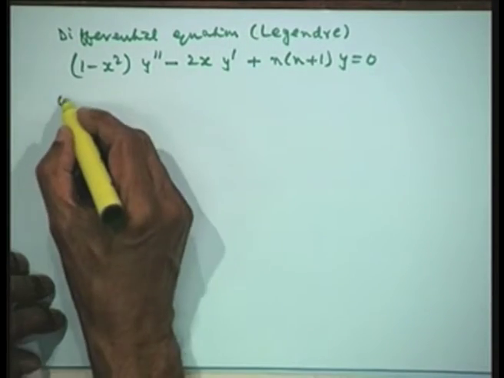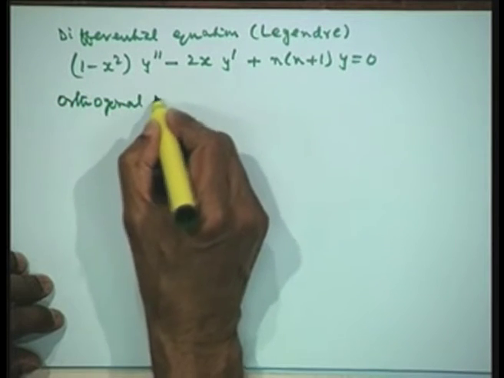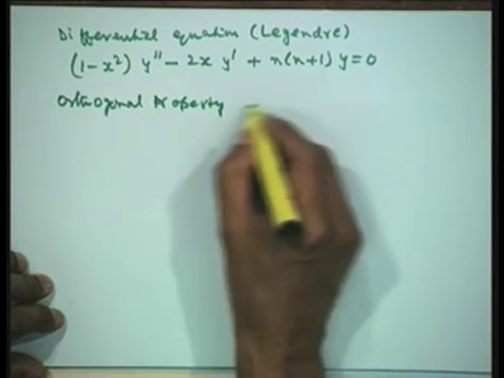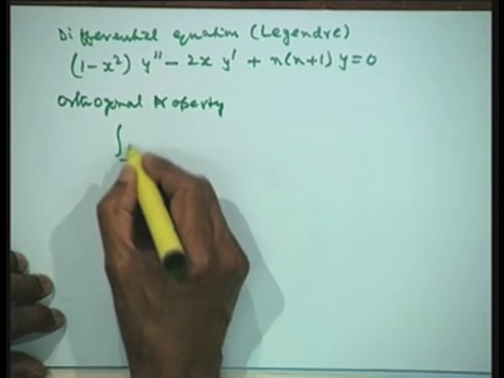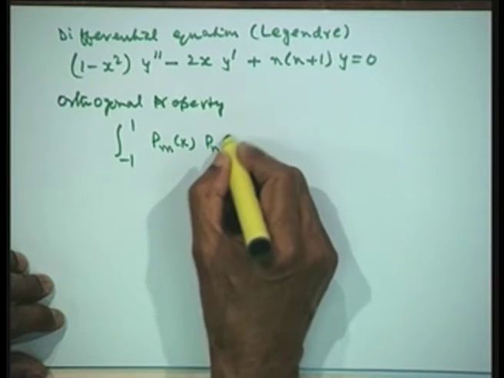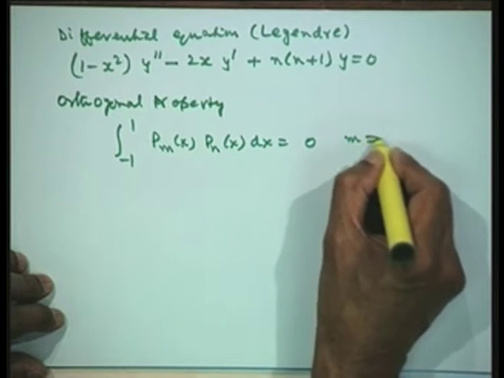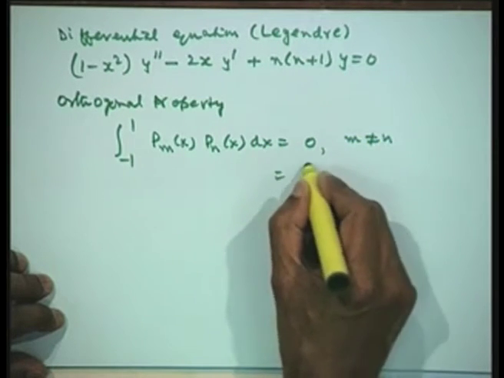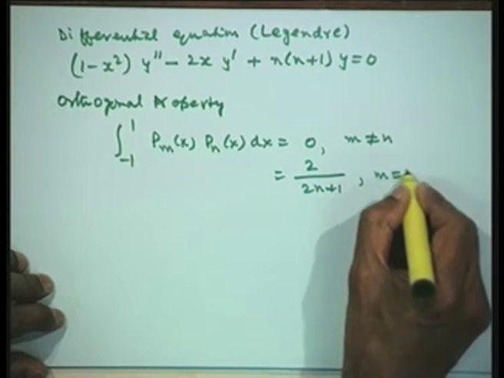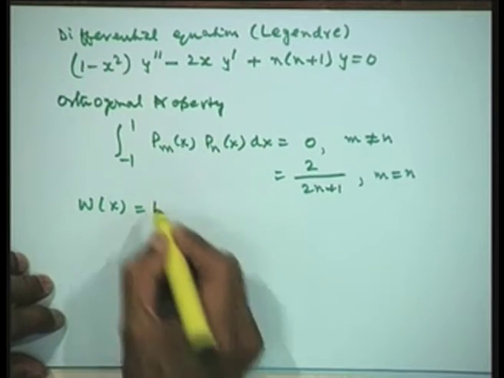The orthogonal property is the one that we have been using earlier. The orthogonal property is with the weight function 1 here: integral from minus 1 to 1 of P m of x P n of x dx is equal to 0 for m not equal to n, and 2 upon 2 n plus 1 for m equal to n, and in this case the weight function w of x is equal to 1.